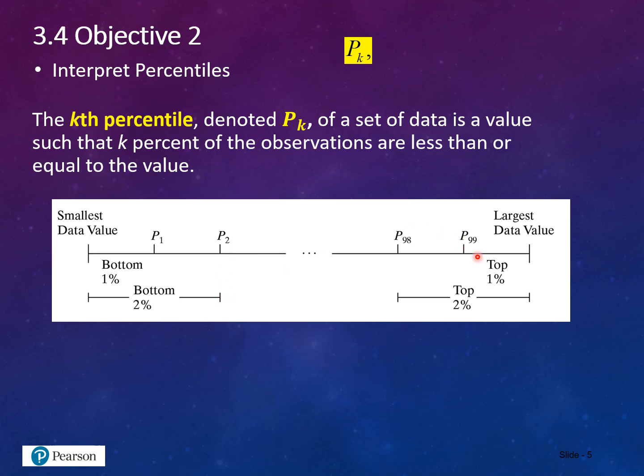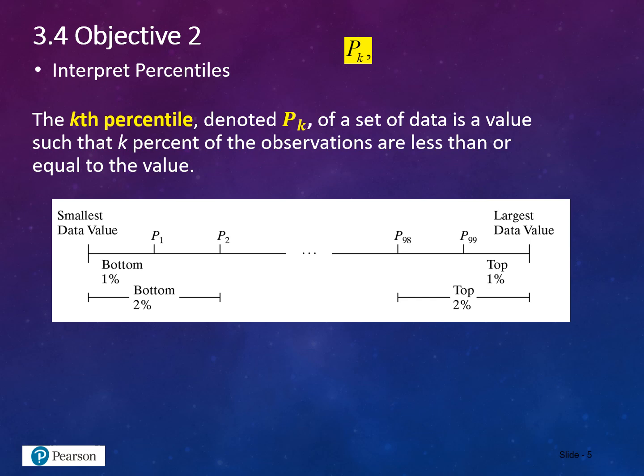If we go out to P99, what this means is that 99% of the observations are below P99, this point here, or 1% of the observations are greater than the P99 value.